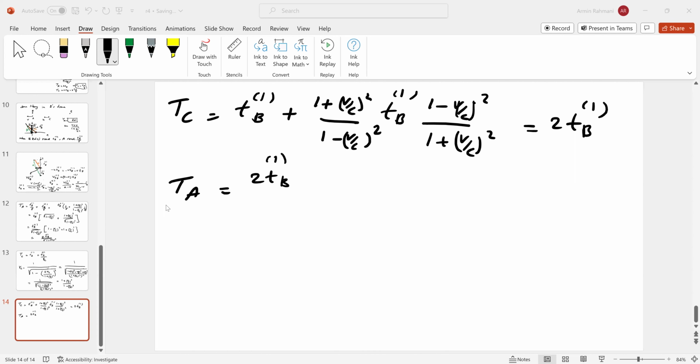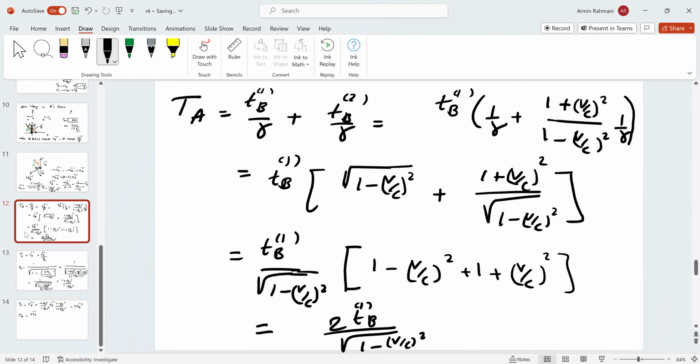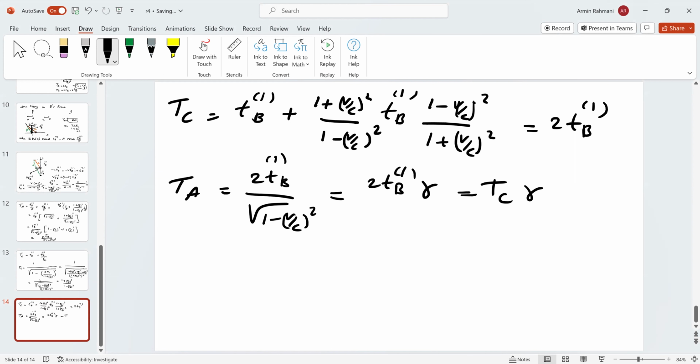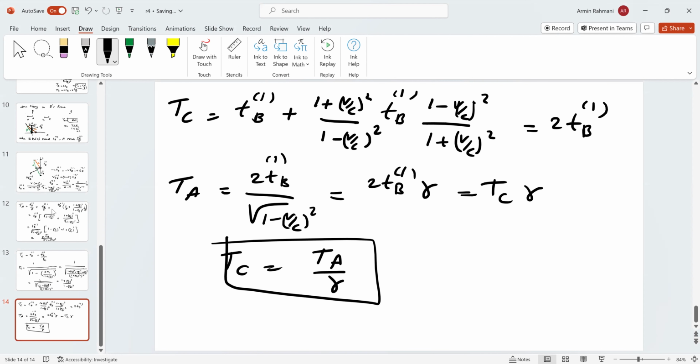Sorry, I keep forgetting. We just calculated it. TA was divided by 1 minus v over c squared. Okay, so that's just 2 TB1 gamma, and 2 TB1 is TC. So that's TC gamma. So then we find TC again is TA divided by gamma. And it's the same result that we found in A frame.